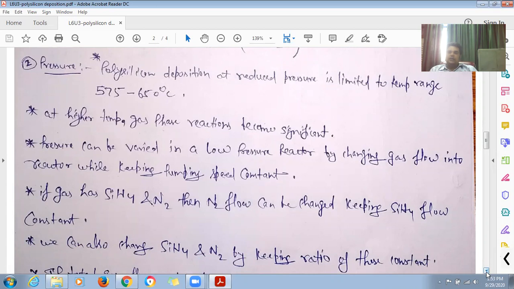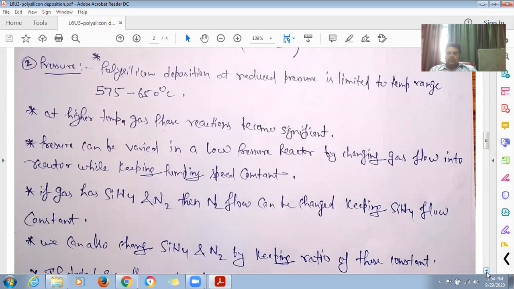The reactions that are taking place in the gas phase become significant. So pressure in the chamber, in the reactor, can be varied by changing the gas flow into the reactor.